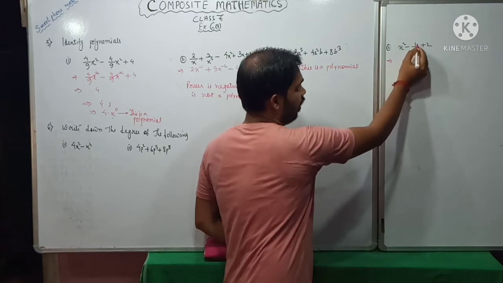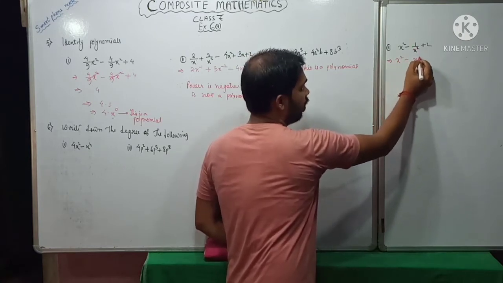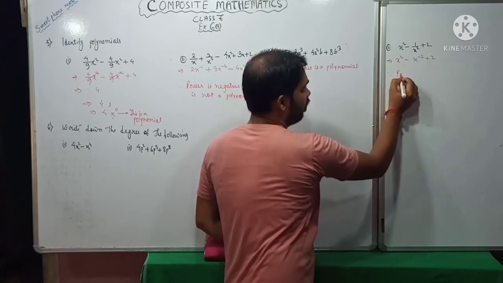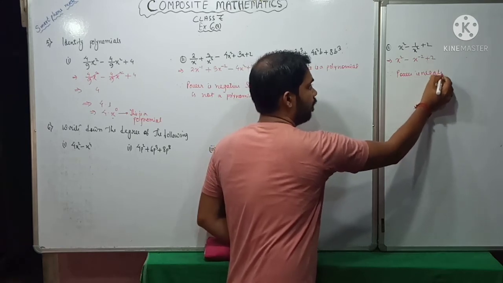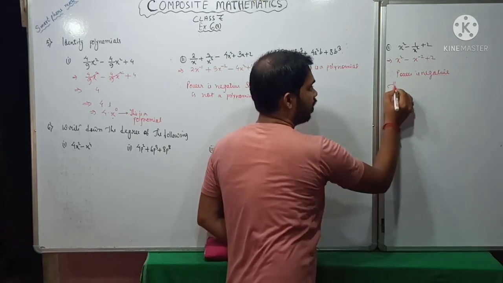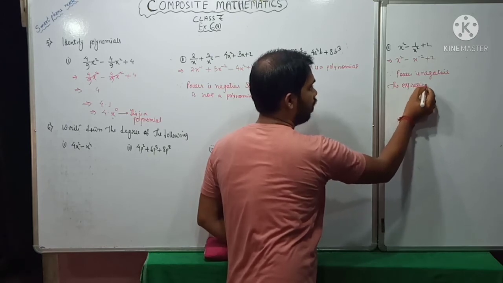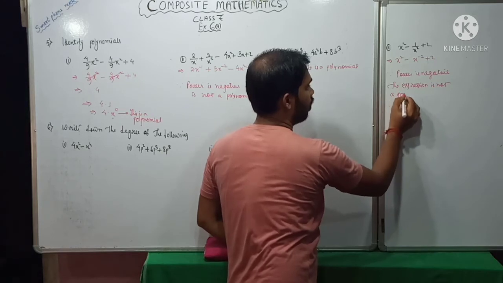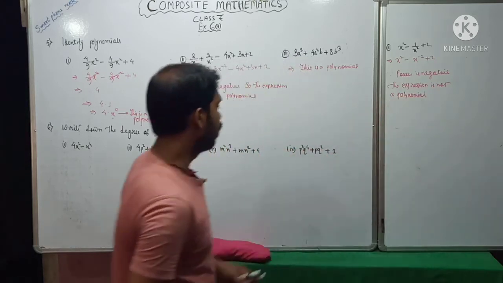Here you see x square is in the denominator, so if I bring it to the numerator the power becomes negative. Since power is negative, the expression is not a polynomial.